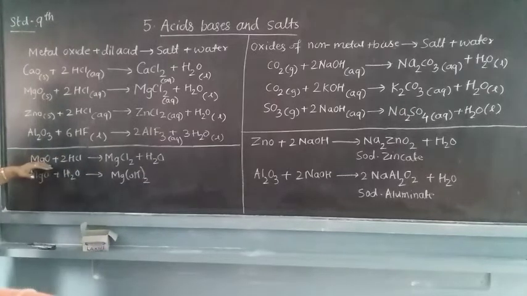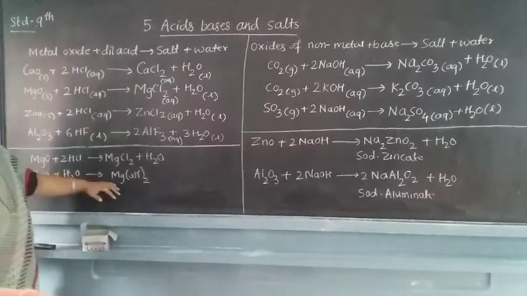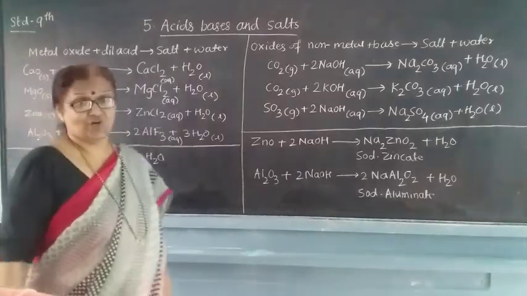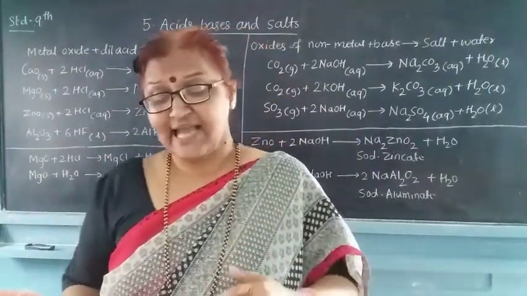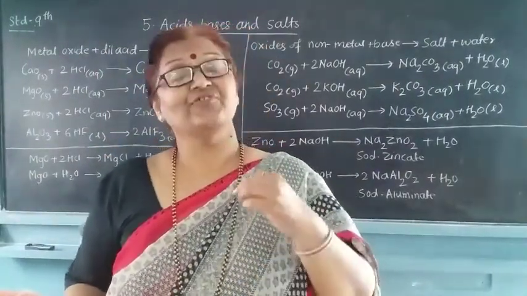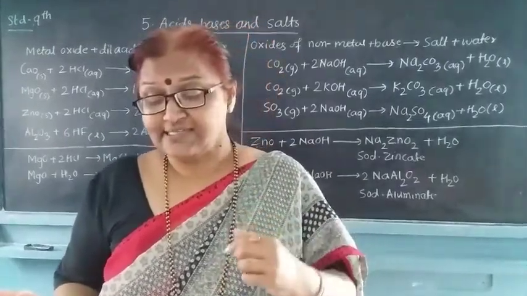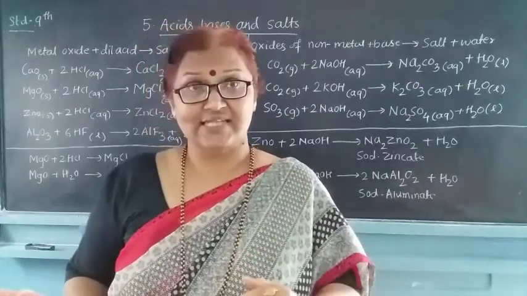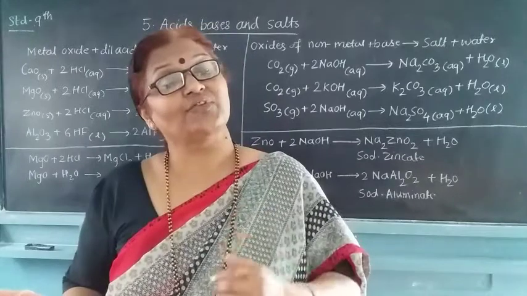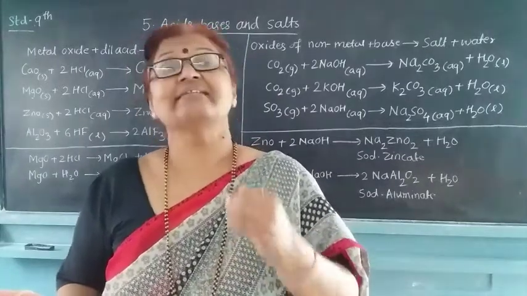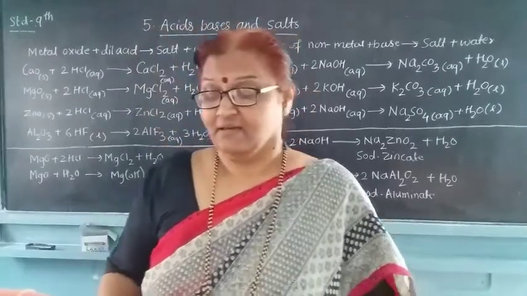Then when this magnesium oxide is treated with water, it gives magnesium hydroxide. That means it gives alkalis. This means that metal oxides when treated with water always give hydroxides. Hydroxide is a constituent of the base. By this we can say that metal oxides are basic in nature.